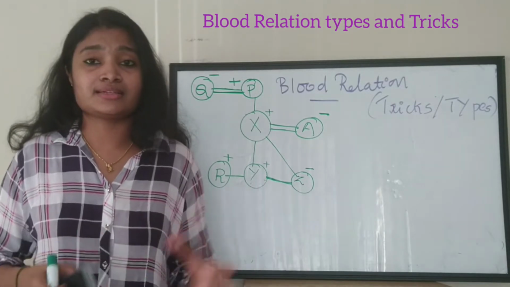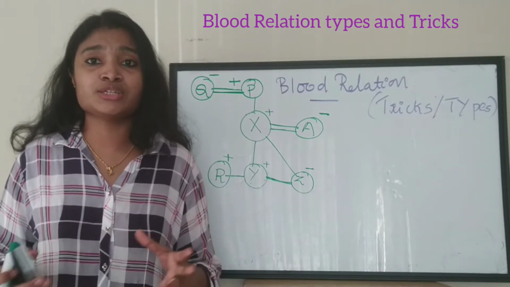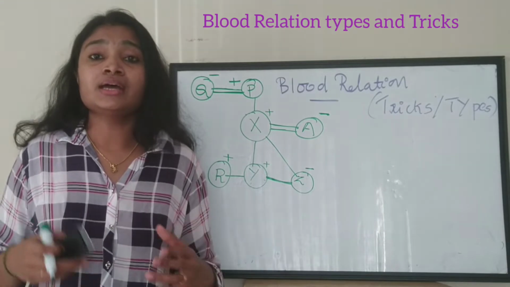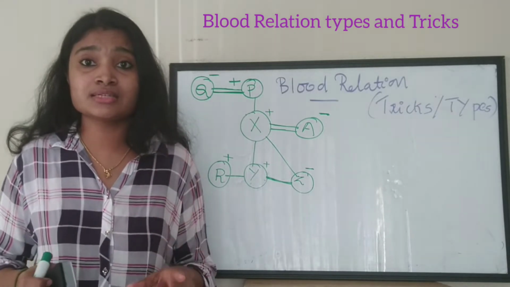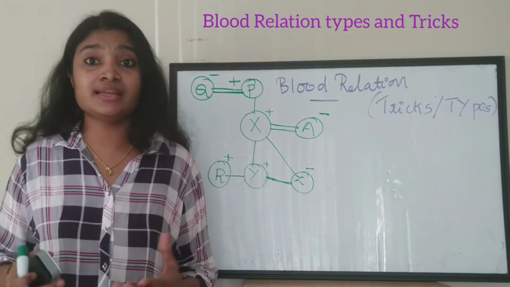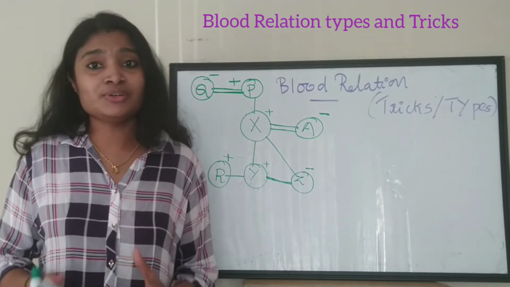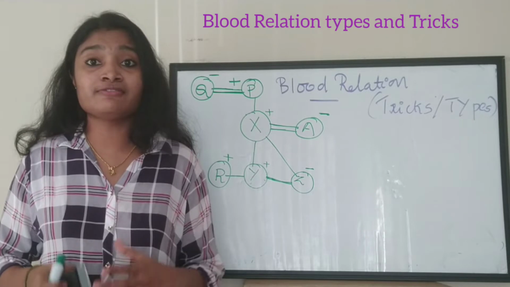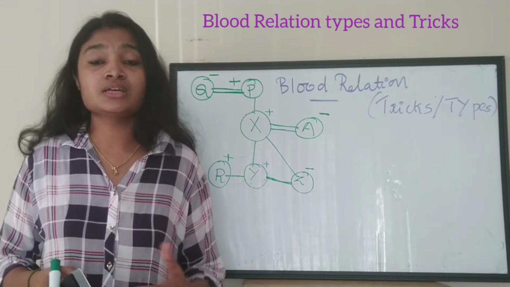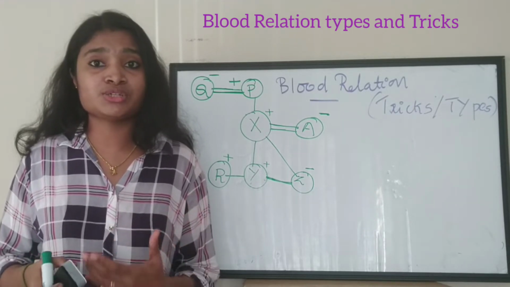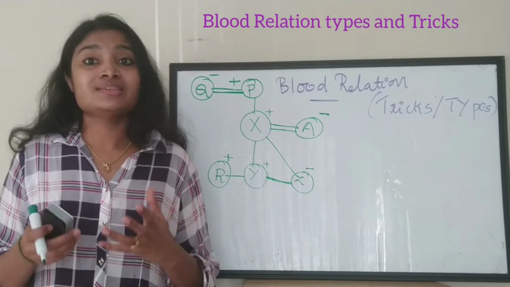It will go on like that. And at the end, you have to find the relationship between this X and P, and you have to find one of the answers given from the options. So that is really a time-consuming process to sit and think. So what we will do here is simply draw a family tree and solve the blood relationship problem using this tree.